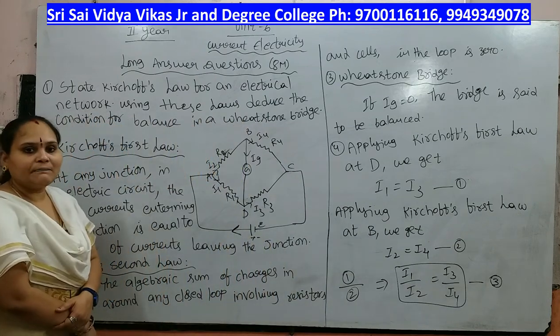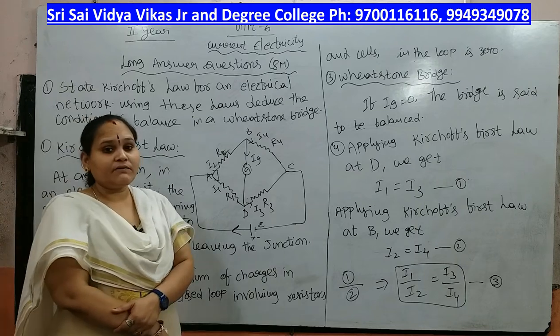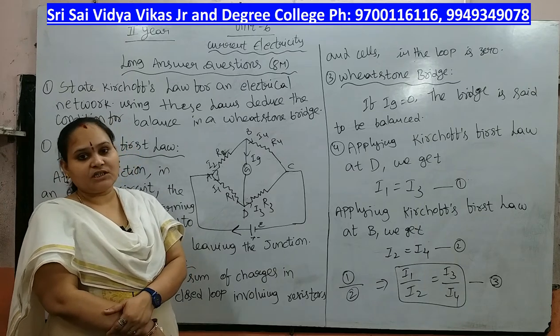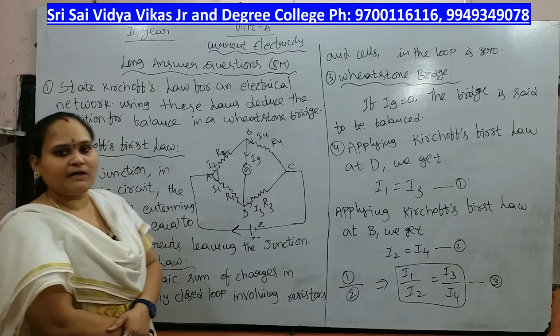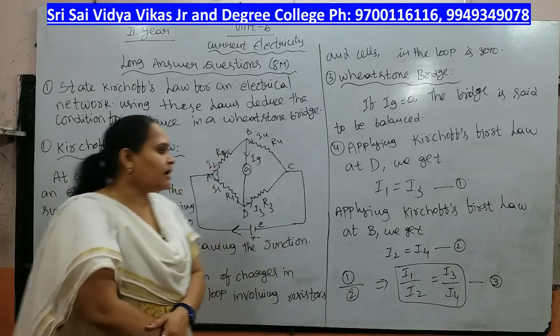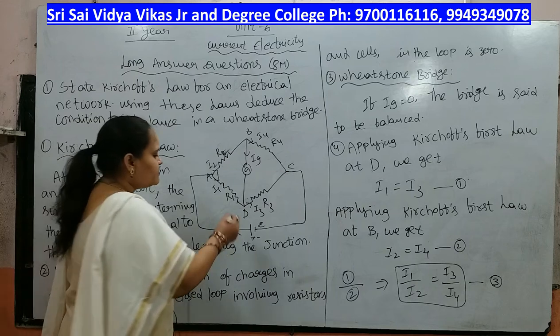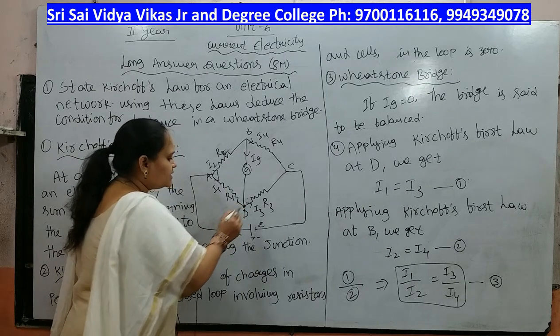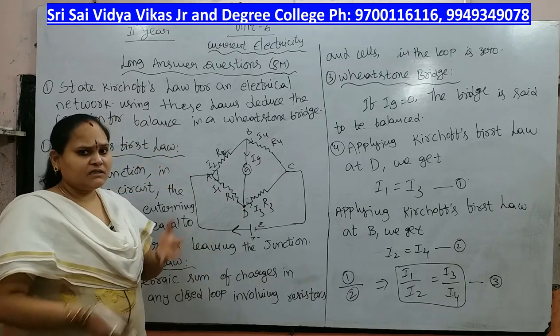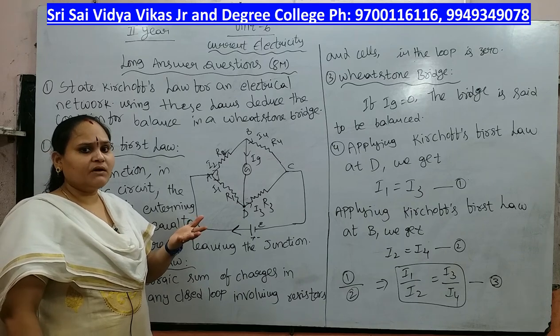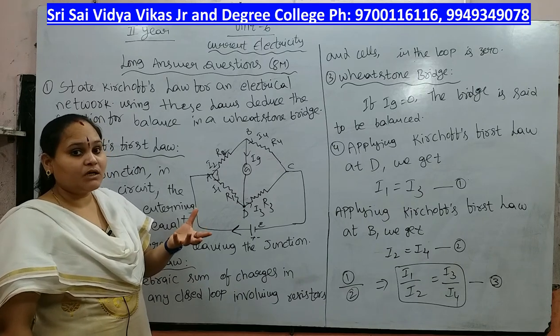Now, using the Kirchhoff law we can find out the Wheatstone bridge condition. For this purpose, first we apply Kirchhoff's first law at junction D. Kirchhoff's first law is nothing but the algebraic sum of the currents at a junction becomes 0.